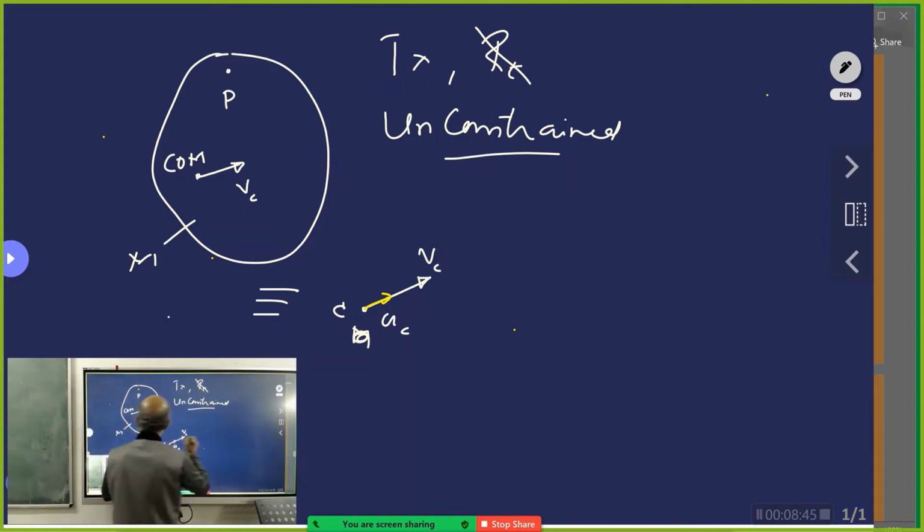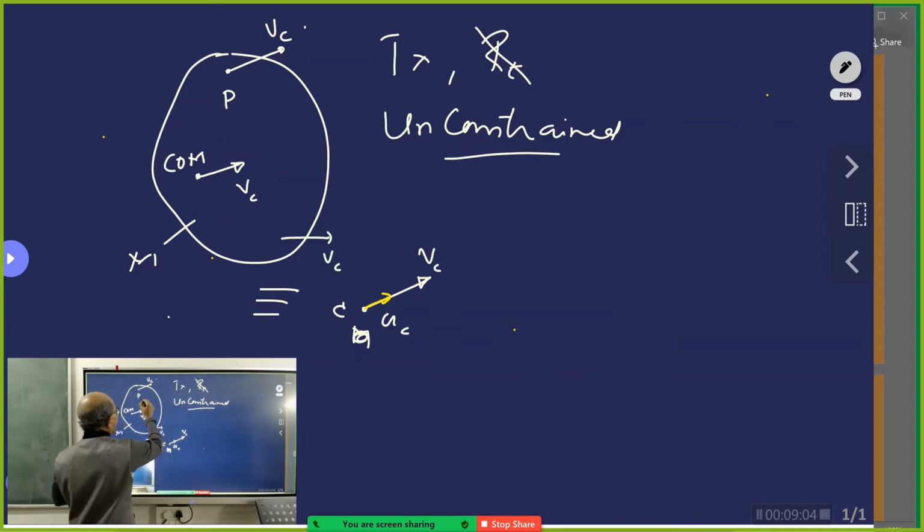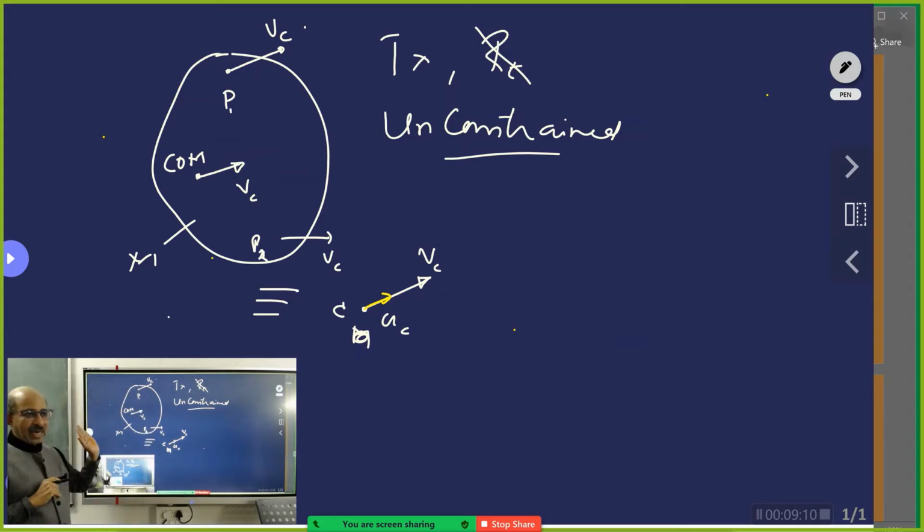Supposing the center of mass of the body has velocity vc, then if I take this particle P, it should also be moving with the same velocity vc, or any particle that we take, particle 1, particle 2. Then only the entire mass will translate.